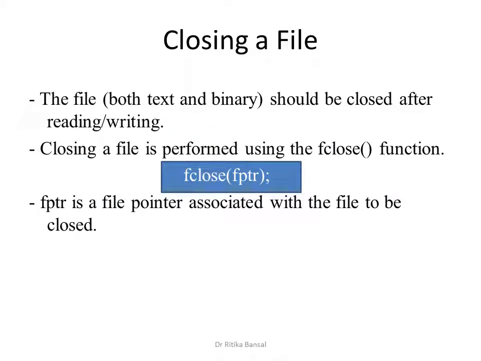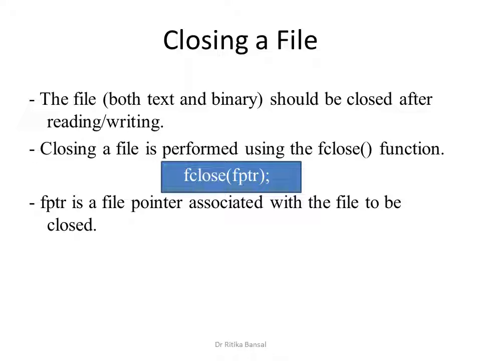Now after working with a file, how we created a file pointer, how we opened a file in a particular mode, and the middle phase I will discuss later on through programming, how to write and how to read in the program. But after doing our complete work, we should close that file. How to close that file?